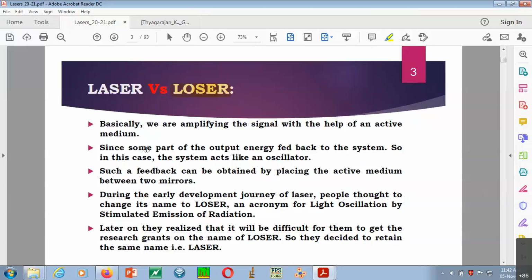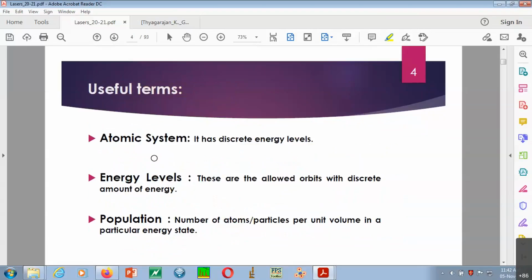Okay, so if it is clear, no doubt, then let me move forward. Some of the useful terms which we are going to use: atomic systems. It has discrete energy levels. These are terms which we are going to use very frequently during the lectures of laser physics.